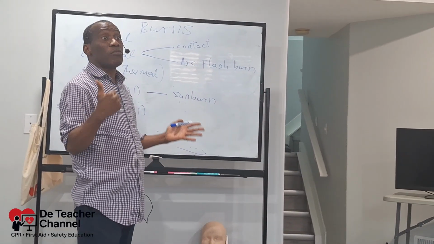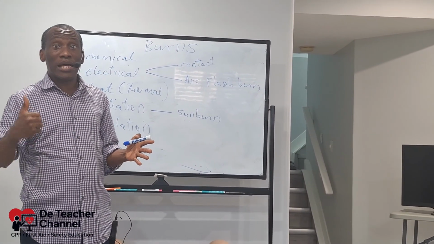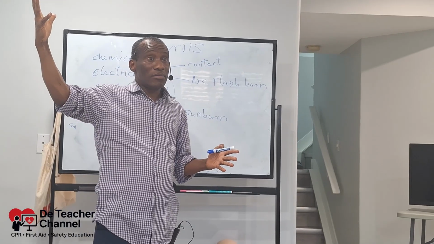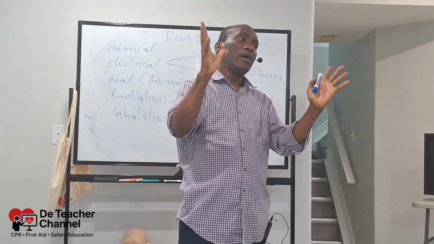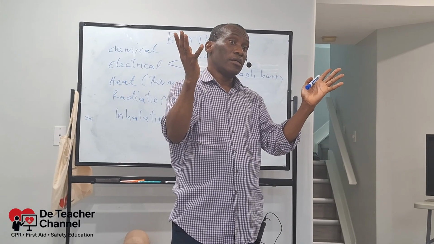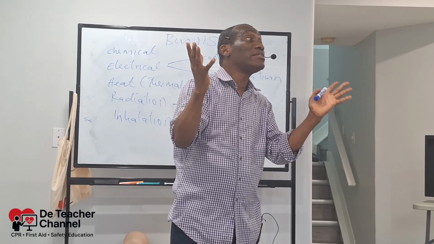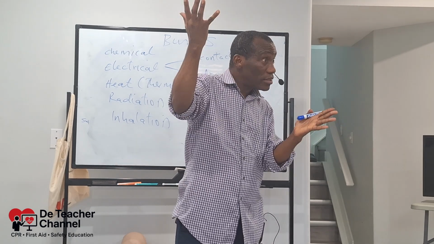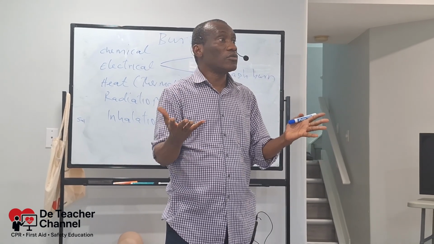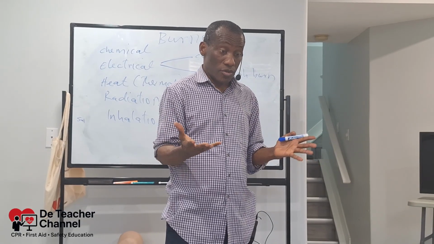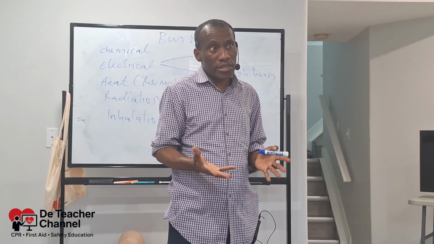Remember, this is the more reason why, when there is a thunder strike, you don't go under a tree. Don't go under a tree, because a tree is a good conductor. So somebody can be struck under a tree.